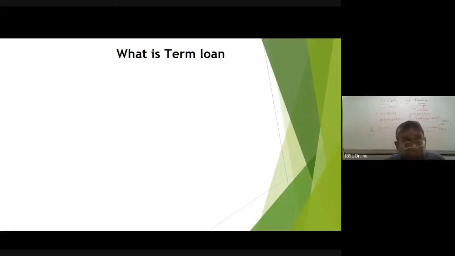Again, term loans can be given to set up new businesses. Why are we getting term loans? Customers want term loans to set up new businesses. Second point, third point: term loans are also taken for modernization, expansion, or project purposes.